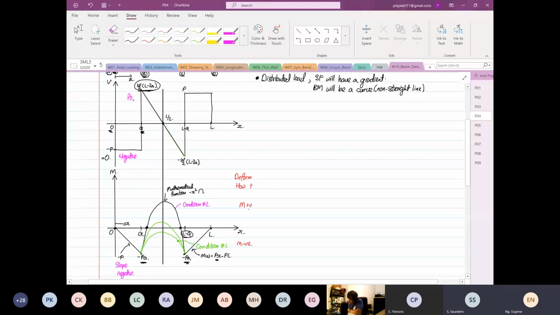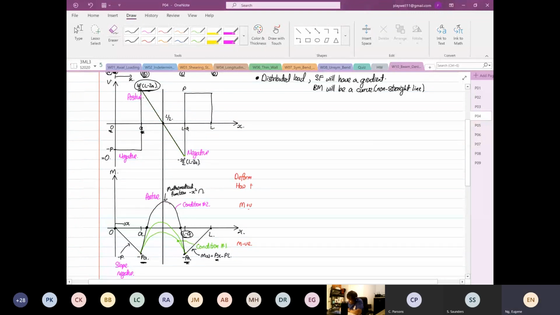Positive, yes or no? And if you look at your slope, it's also what? Positive. From L/2 to L minus A, the magnitude is what? Negative.